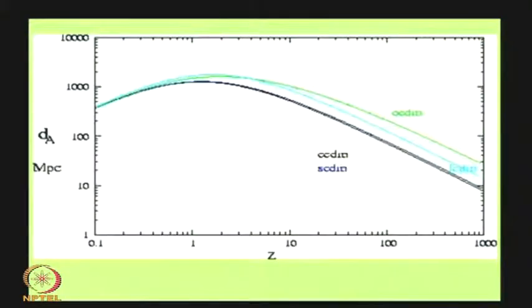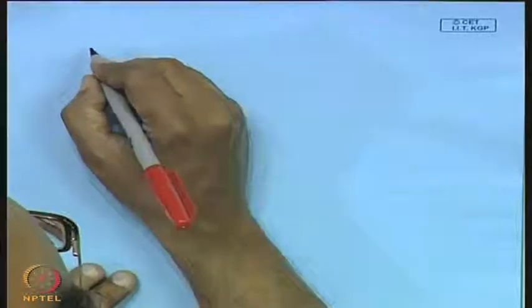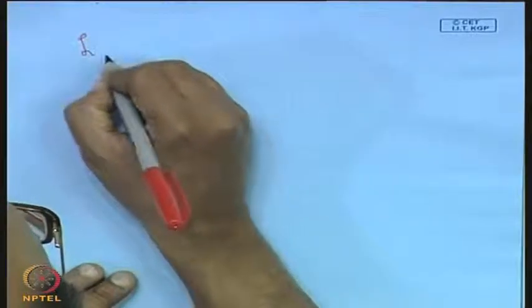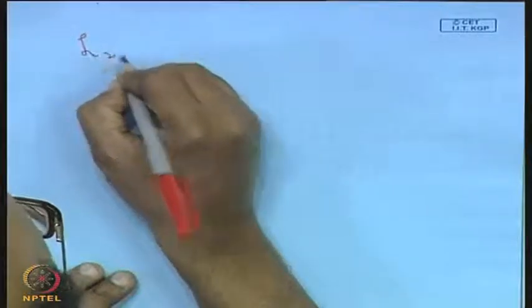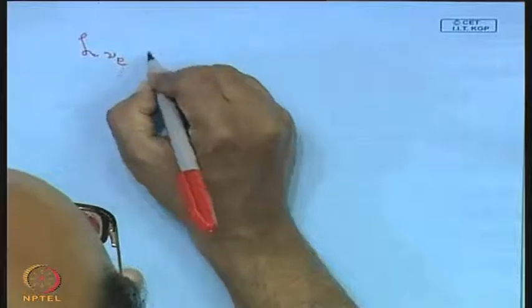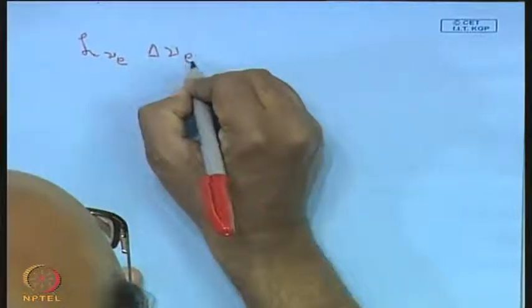So, let us consider a source whose luminosity, the amount of radiation it emits in the frequency range, is L nu emitted, delta nu emitted.